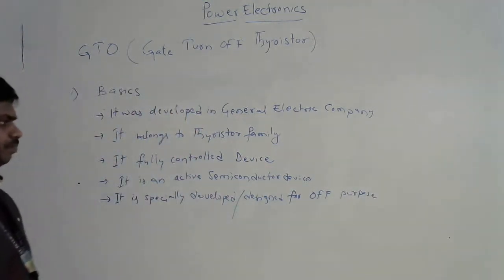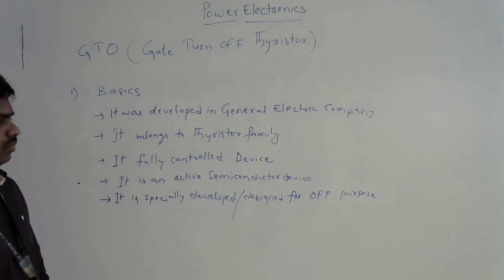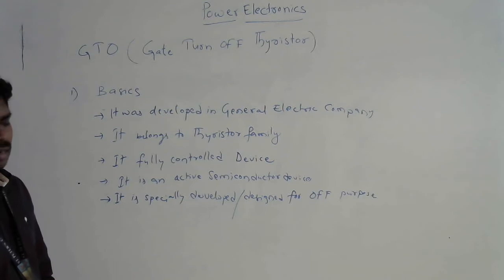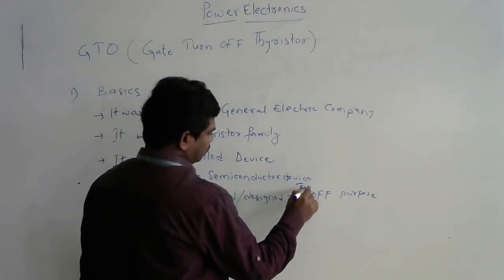Off purpose means turn off. SCR is made for turn on, but GTO is made for the turn off process.